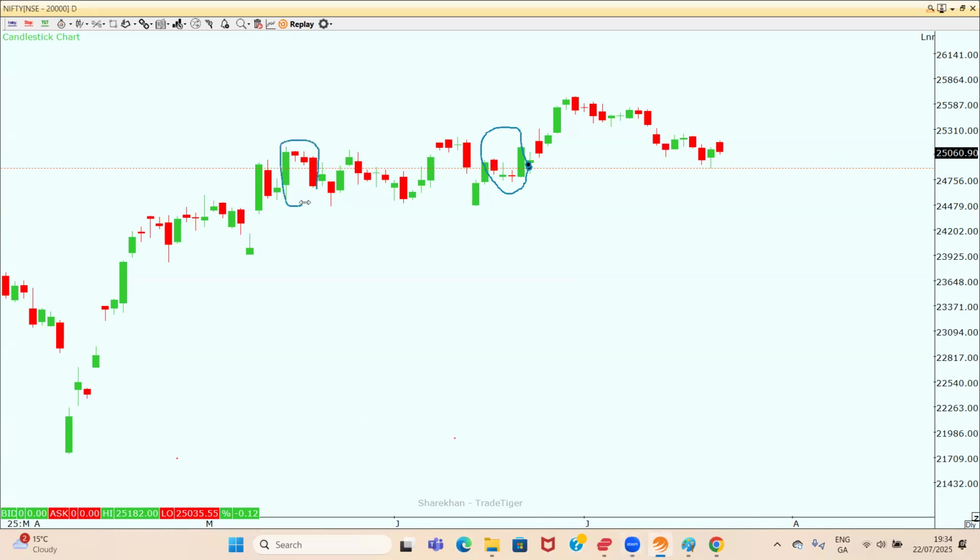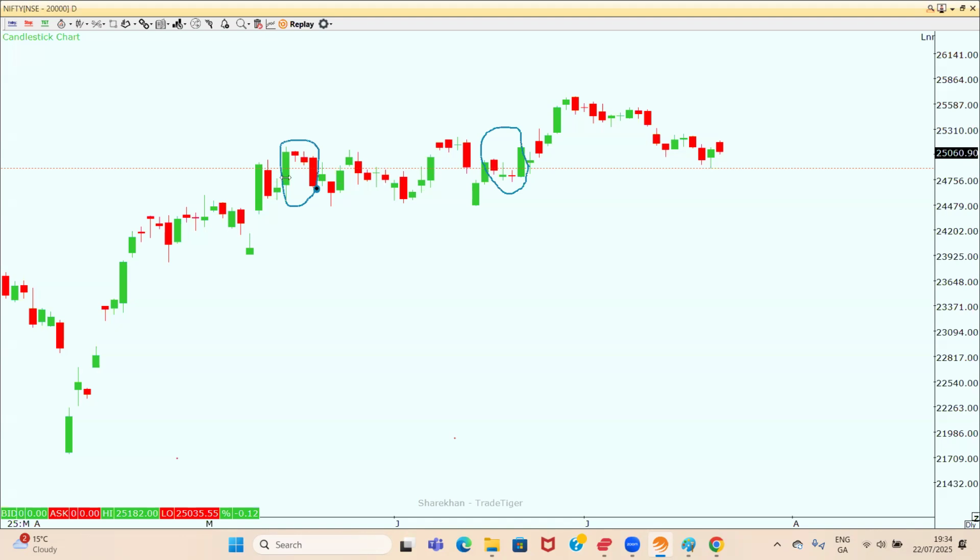What do you think? What zone is this one? Anybody want to answer? Selling zone. Selling zone, or supply zone, or sell zone, whatever you want to call it. Why?